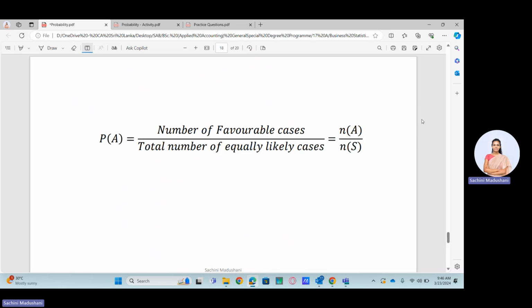Now we want to write the probability of A. In the sample space, there are 6 outcomes. We need to take the probability value of A. How many outcomes are in A? 3. Then the probability is 3/6. Understood?